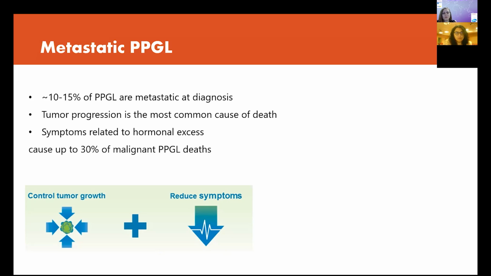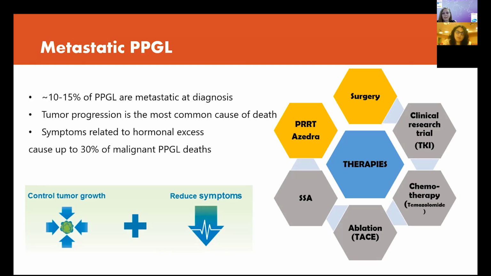So in those patients, our main goal is to control tumor growth and reduce symptoms. And here we can say that in this kind of patients, an individualized approach to treatment is very important.